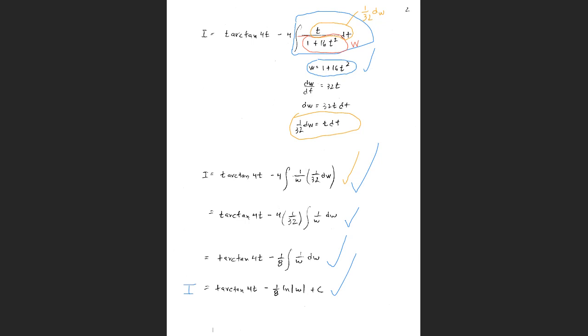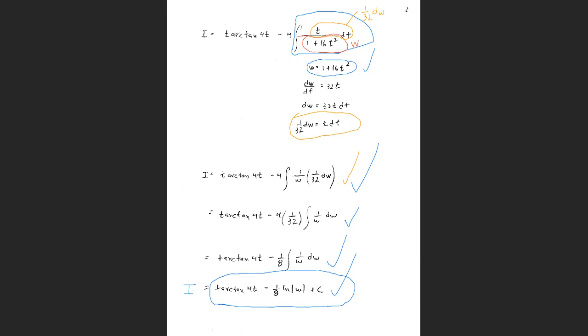So we have an antiderivative now. And is this what you're going to be typing in WebAssign? Is that the final answer? T times the arctangent of 4t.